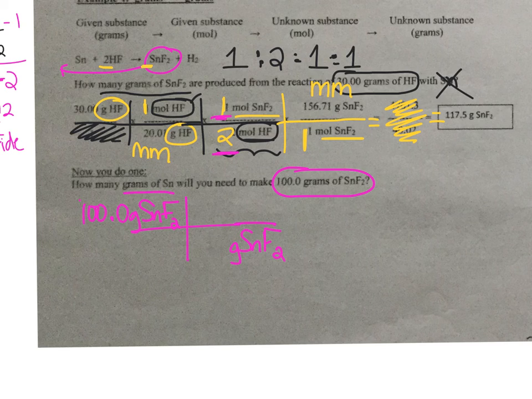I stop and think about it: I have grams, and I have to convert to moles. Anytime I do a conversion, we're always talking about 1 mole, and this should be our molar mass. So I'm going to grab the molar mass from up here, which should be 156.71.